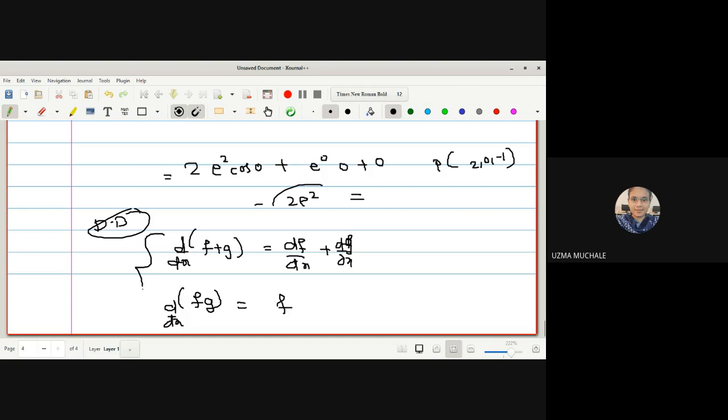So these types of formulas we will see with the help of the directional derivative. Whether the same formula holds, or what is the effect of the directional derivative on addition and on multiplication? This multiplication rule we call the Leibniz rule for differentiation, correct?